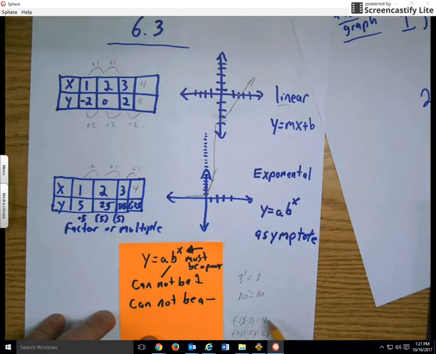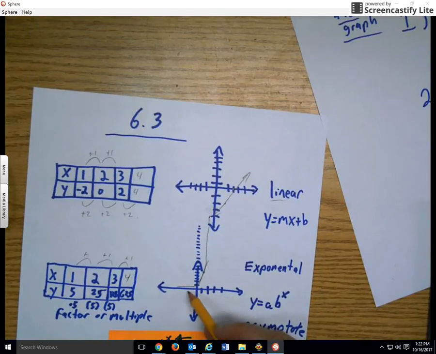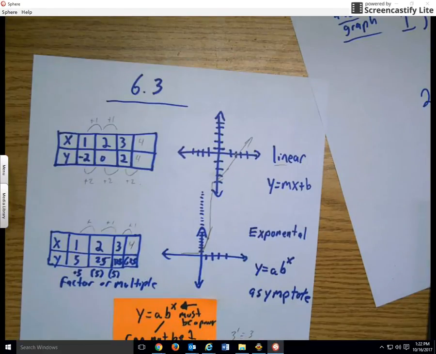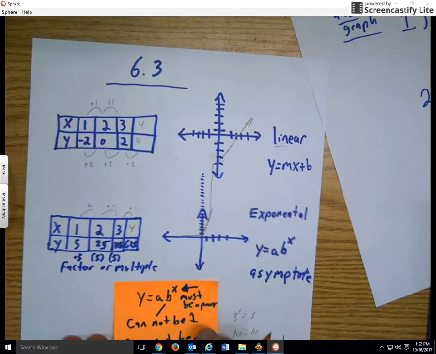So with negative 2, if I did it to the second power, I would have a 4. If I do it to the third power, I would have a negative 8. And so graphing that would look more like a heart monitor. It would go up to positive 4 on a number line, the next time we go down to negative 8, then we go up all the way to positive 16, then down all the way to negative 64. And so it wouldn't really look exponential. So for that reason, the b cannot be a negative.